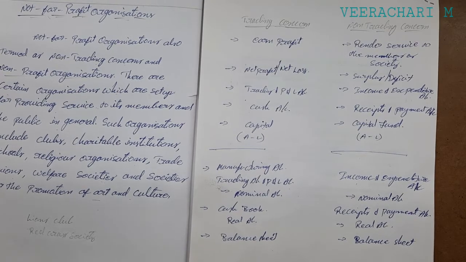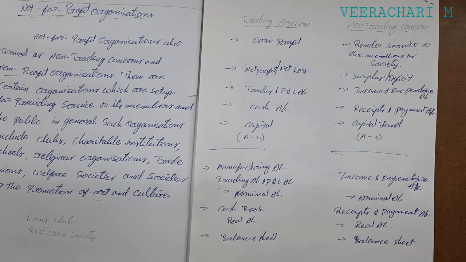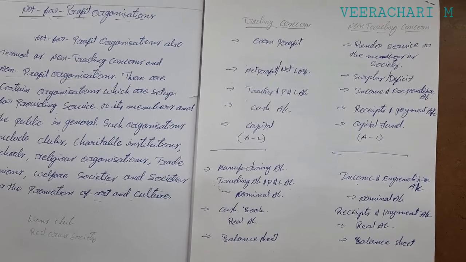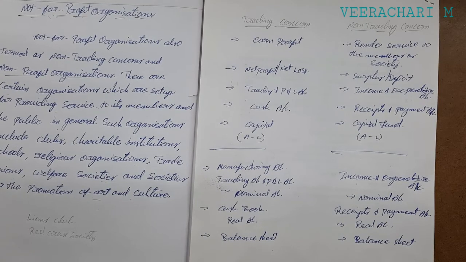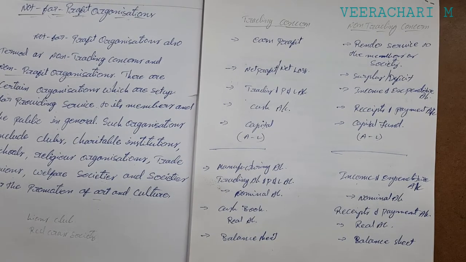Now we can go to the accounts, that is the receipts and payment account, the income and expenditure account, and the balance sheet. And how to run this business? What types of incomes are there in this not-for-profit organization? To get clarity, some words are somewhat different from a trading concern business.